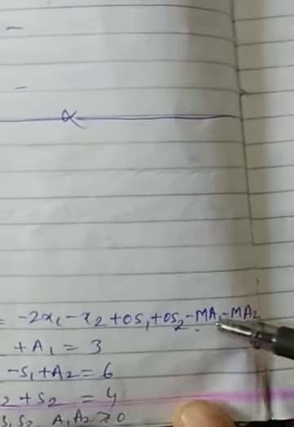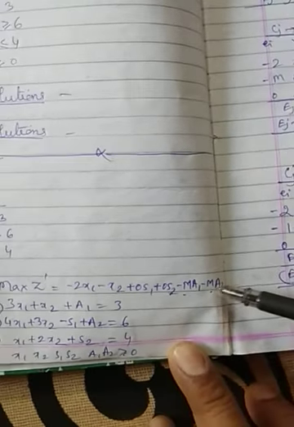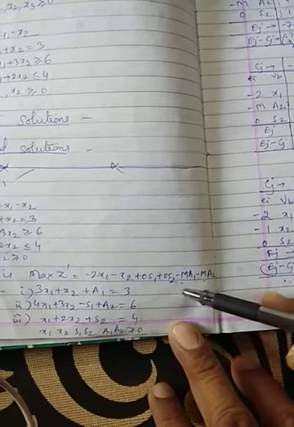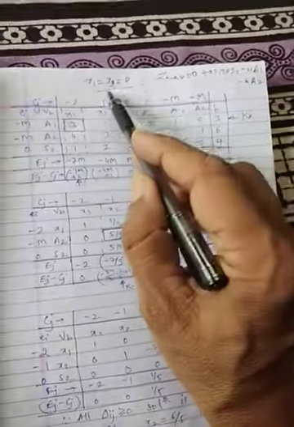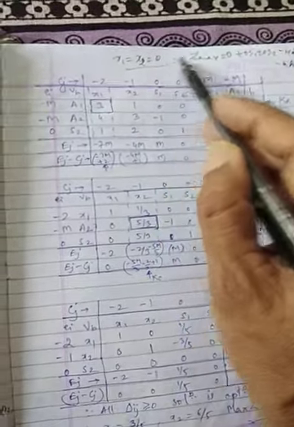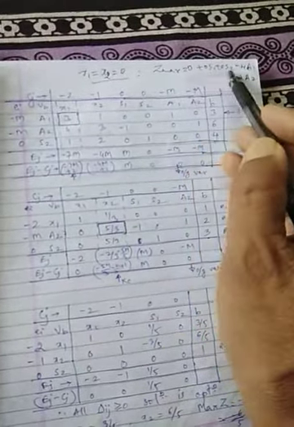So minus M a1 minus M a2. These are always added in the objective function. So by assuming x1 is equal to x2 is equal to 0, we get z maximum equal to this.